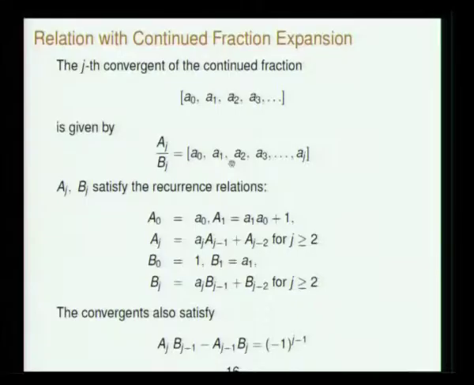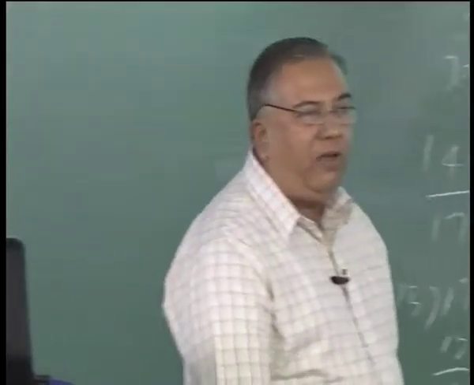Now you have a continued fraction like this, you stop it at any point, then that will become a rational number, you calculate it, it can be written as Aj by Bj, that is called a convergent of the continued fraction. These convergents satisfy recurrence relations. These are essentially what is there in the Valli process of Aryabhatta.